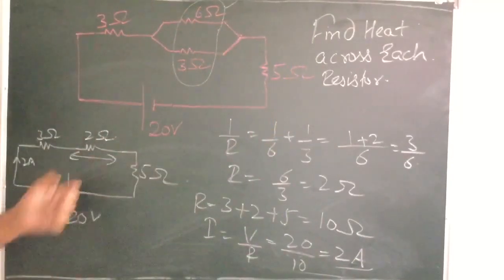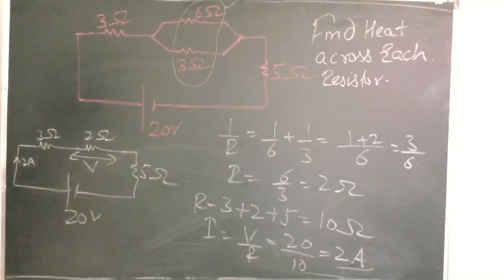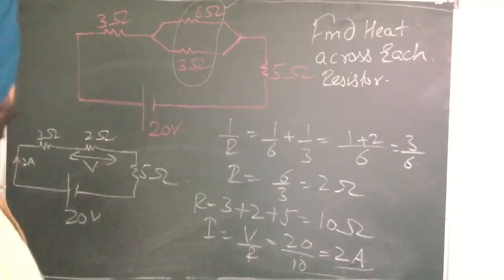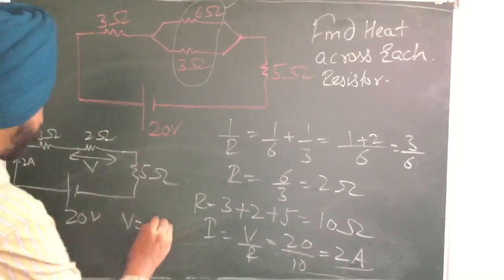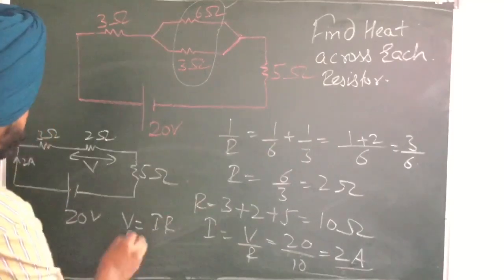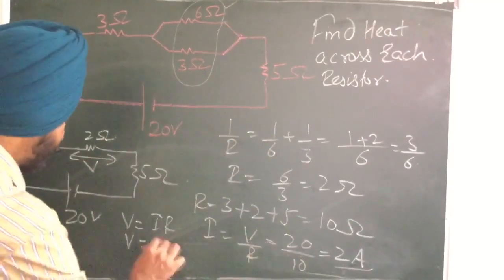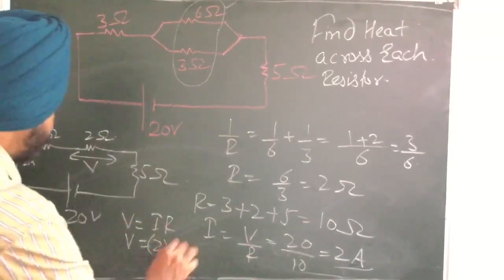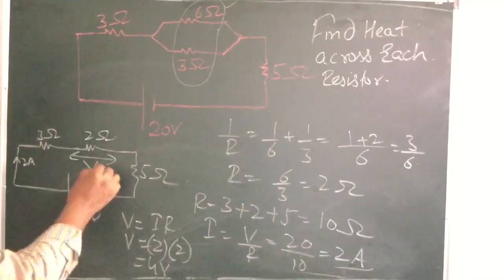Firstly, I will be calculating the potential across this resistor. Let it be V. What will be the potential across this resistor? This will be equal to I into R. So the potential across this resistor will be equal to current, that is 2 ampere, into resistance of this resistor, which is 2. So potential across this resistor is 4 volt.